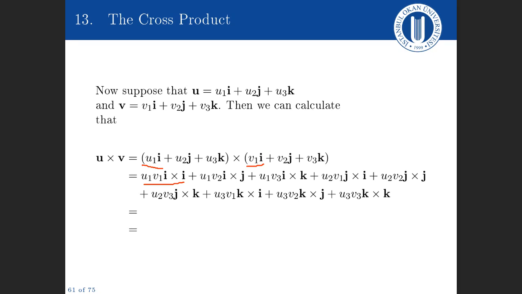And then we need to do first one cross second one, u1 v2 i cross j. And then we're going to do first one cross third one, u1 v3 i cross k. And so on. Keep going, and we're going to end up with 9 terms.